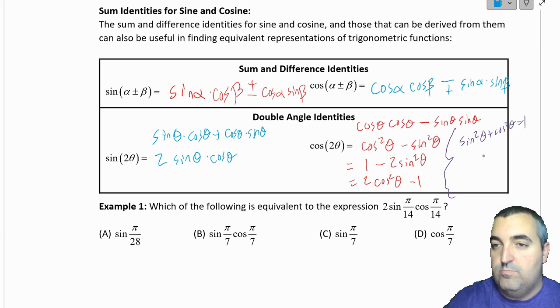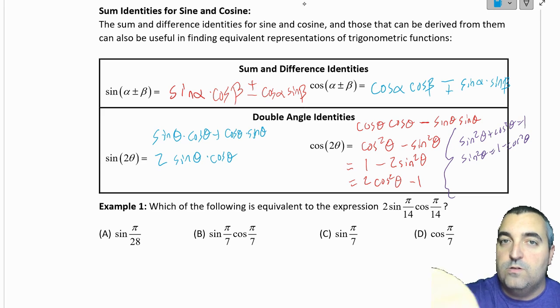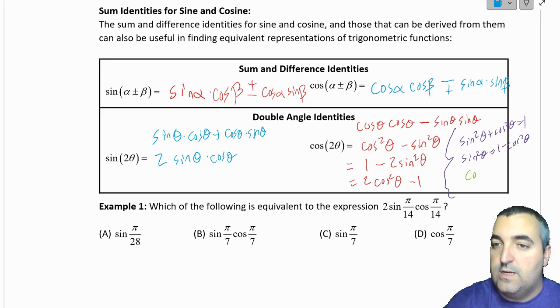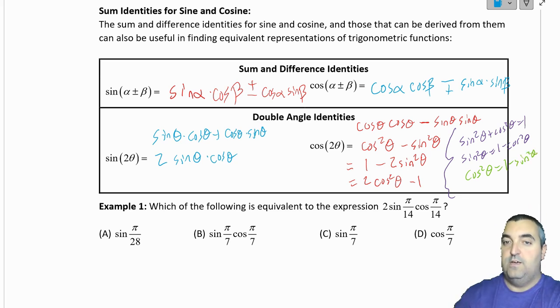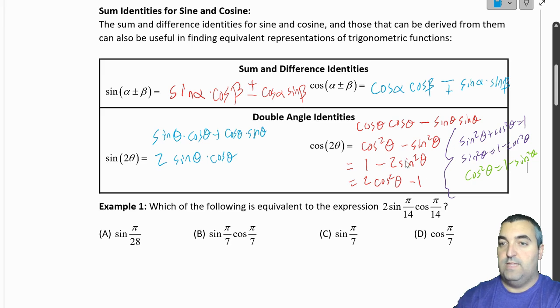If I manipulate this a little bit, I can get that sine squared theta equals 1 minus cosine squared theta, or cosine squared theta equals 1 minus sine squared theta. Then if I just do substitution into the first one, that's how I get these two separate ones.